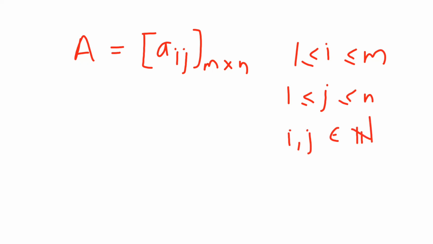So the number of elements in an m cross n matrix is the number of elements in a row multiplied by the number of elements in a column, that is m into n.